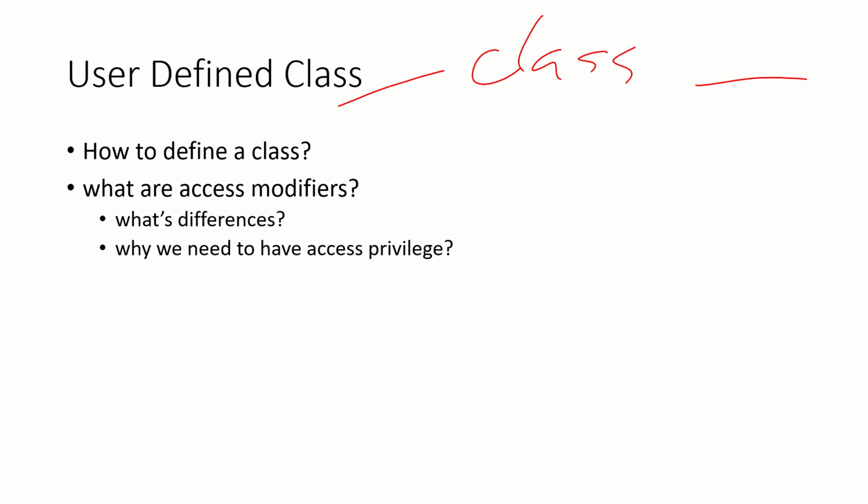Why do we need an access modifier? We're trying to limit other classes' accessibility to the current class or its members, especially when we talk about inheritance. A subclass can inherit some members and cannot inherit others, and we use access modifiers to control that. For example, a subclass cannot inherit private members.